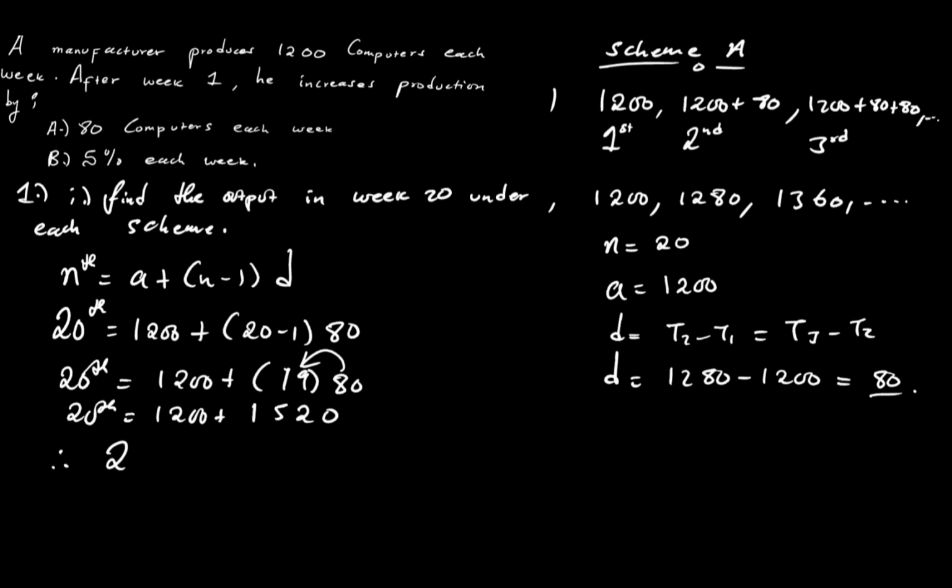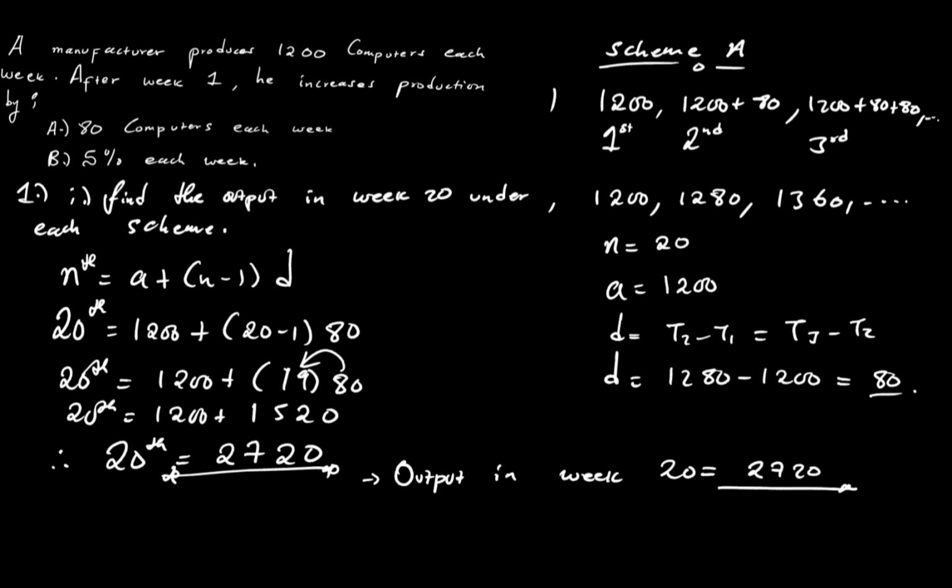This tells you that the 20th week will produce an output of 2,720. So the output in week 20 is equivalent to 2,720. So this was under the first scheme.